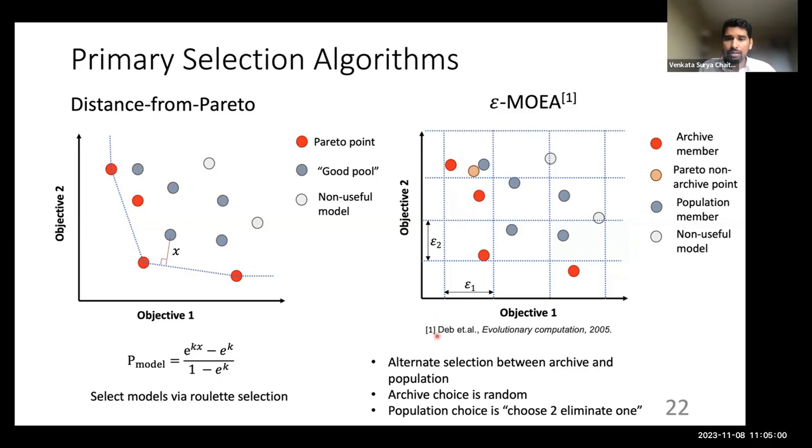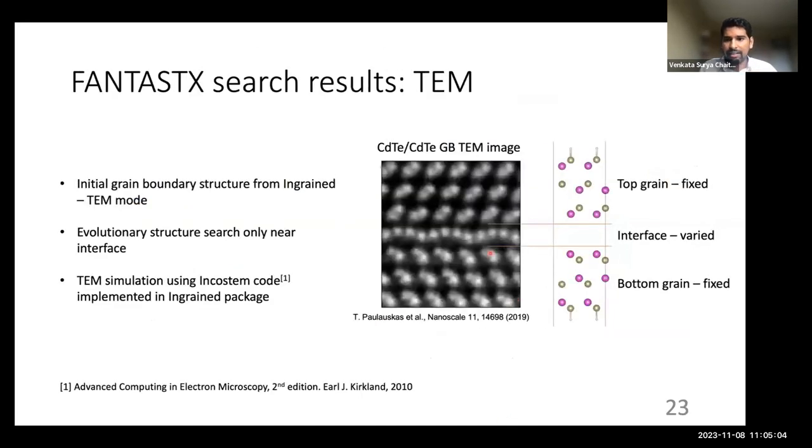So we use both of these methods and try to find the interfacial structure in the cadmium telluride tellurene grain boundary. So first we define the grain boundary structure, and we already have a fairly good match corresponding to the bulk of the top grain and the bottom grain, and we only vary the interface region.